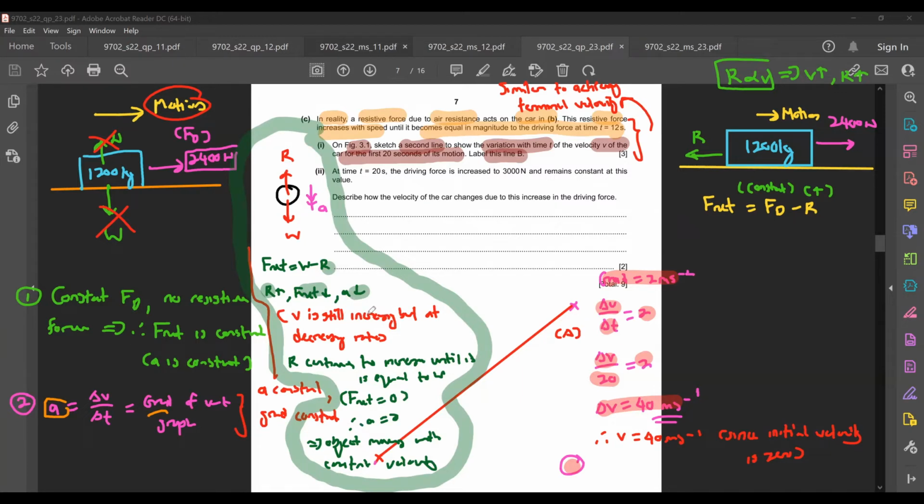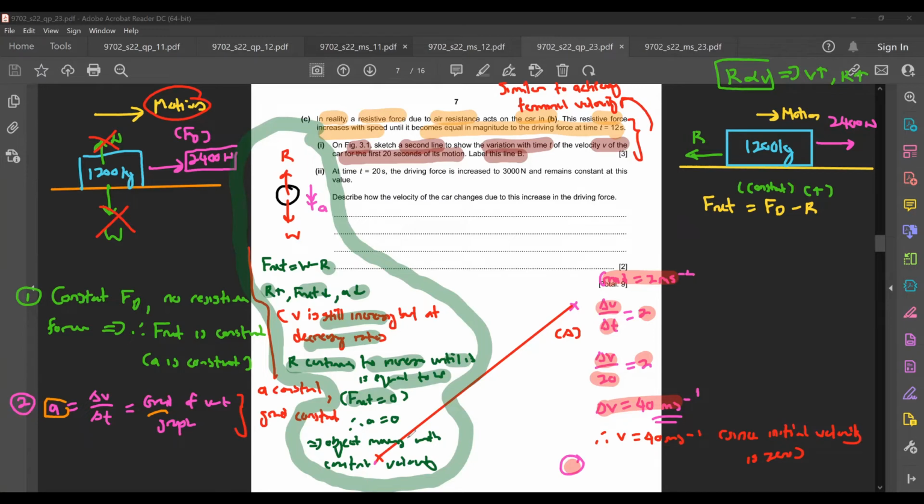You're actually still speeding up, just at a decreasing rate. Because you're still speeding up, your R will still continue to increase, also at a decreasing rate, until it equals your weight. At that point your net force will be 0, your acceleration would be 0. So your object will therefore move with constant velocity, known as your terminal velocity.